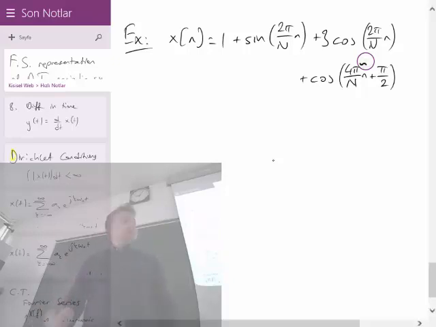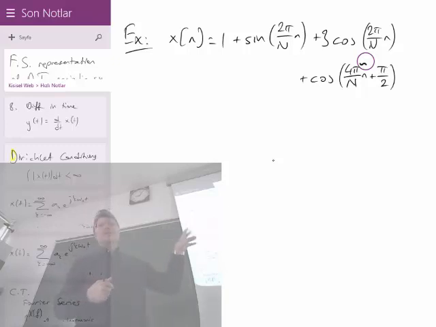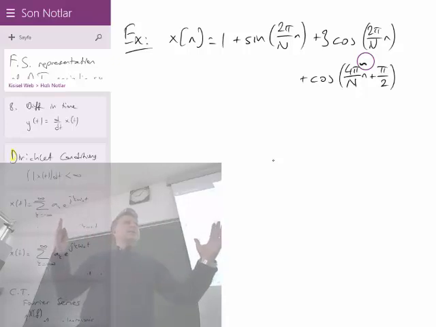For the last term, the period is N over 2, because 2 pi over N over 2 is what we have inside the last cosine term. So if one of the terms' period is N over 2 and the others are N, then the period is automatically the least common multiple, which is N. If something is periodic with N over 2, it is also periodic with N.